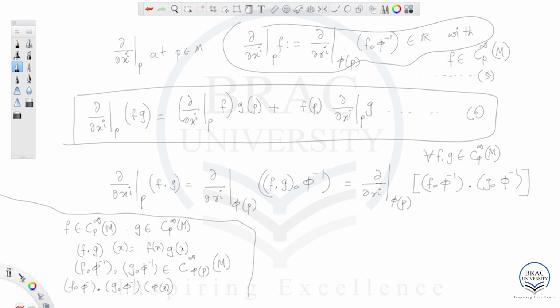And according to the straightforward definition of the product of two functions in the germs of smooth functions, this is going to be equal to f composed with φ inverse evaluated at φ(x) times g composed with φ inverse evaluated at φ(x), right?